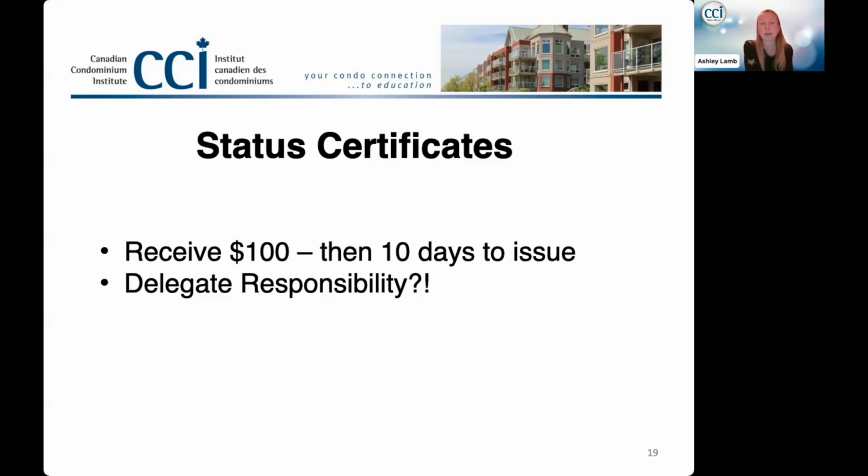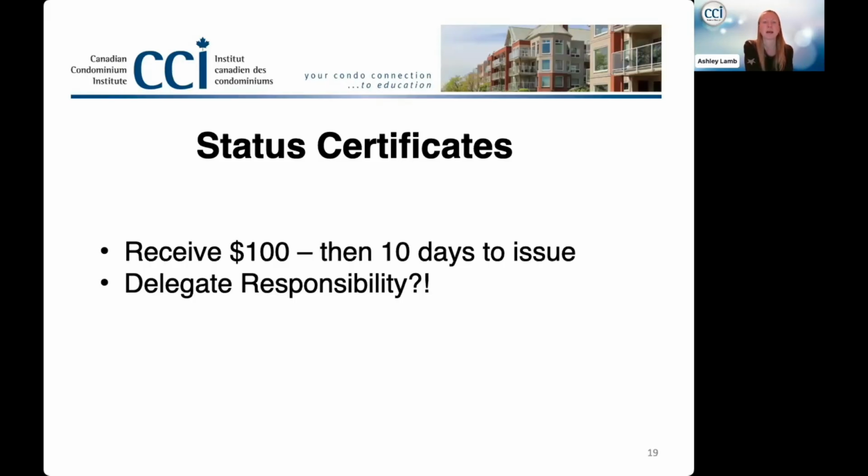If the owner has any outstanding maintenance fees that they do need to pay, so they'll just see if they're at a zero balance or if there are any outstanding payments. Any special assessments that might be in place or that are planning to be in place. Details of the reserve fund, if there are any judgments against the corporation or if the corporation is suing a unit owner.